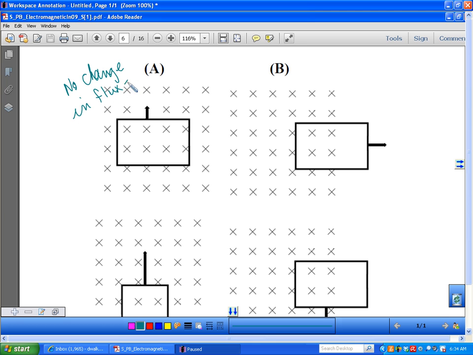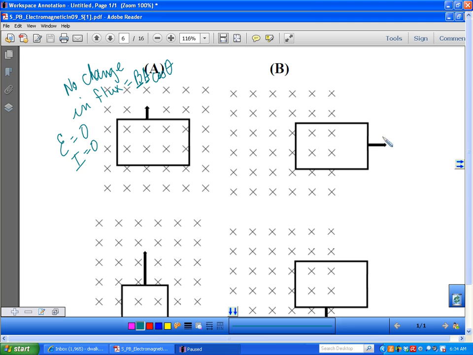Because remember, flux is equal to BA cosine theta. That does not change. So there is no EMF induced, 0 volts, and there is no current induced.